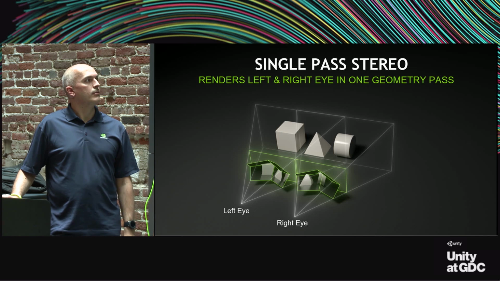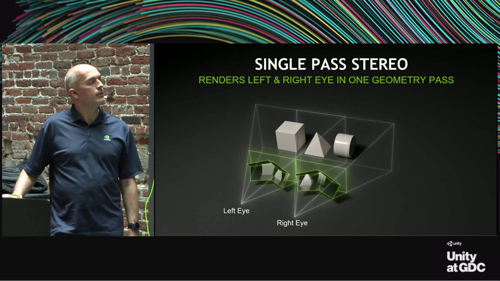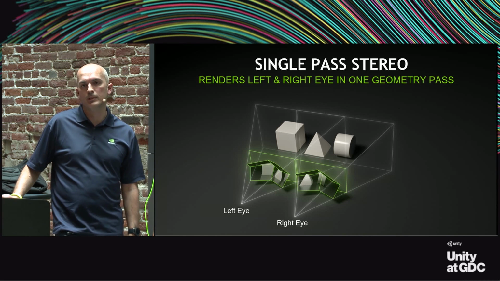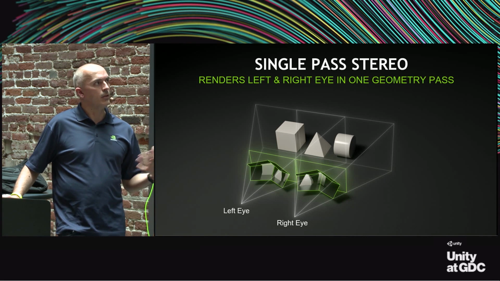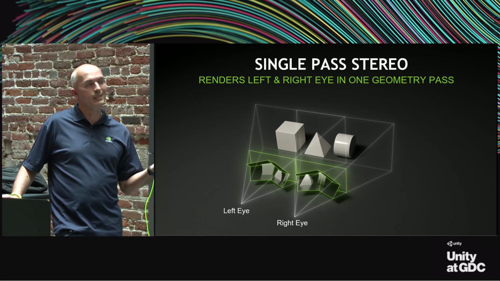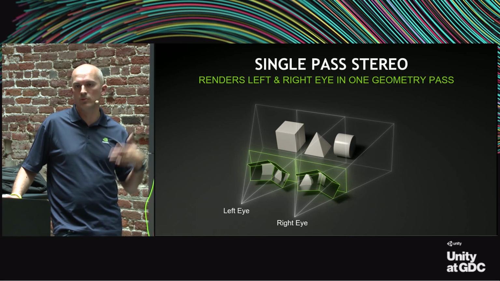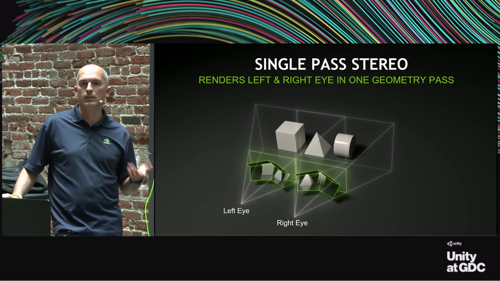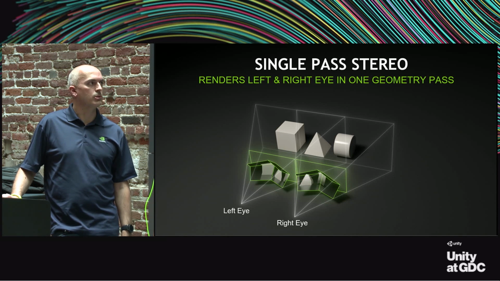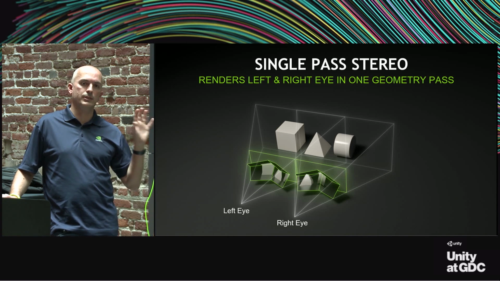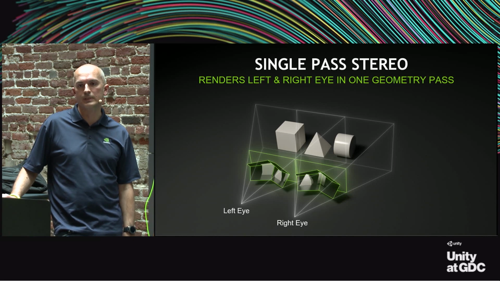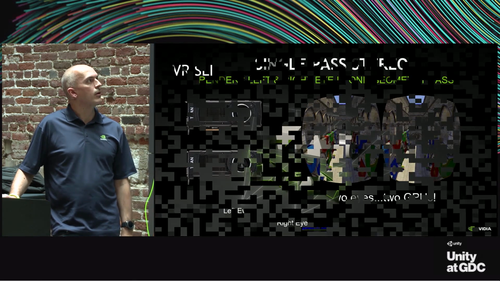So that's the single pass stereo that allows you to significantly reduce processing time, especially if you have a lot of complex geometry in your scene. So not needing to load all the vertex attributes on millions of vertices in your scene can help significantly if you have really complex geometry. So if the geometry is your bottleneck, this is actually a feature that can greatly improve performance in VR.